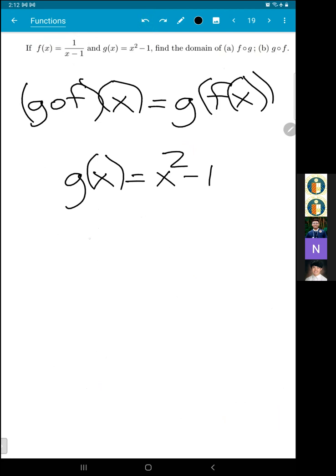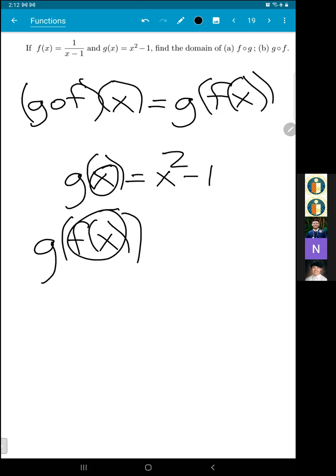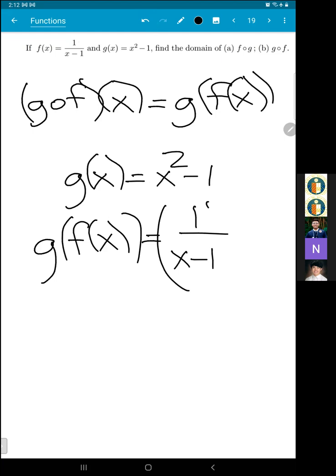So we have g of f of x. We replace x by f of x, so that would be 1 all over x minus 1 quantity squared minus 1.